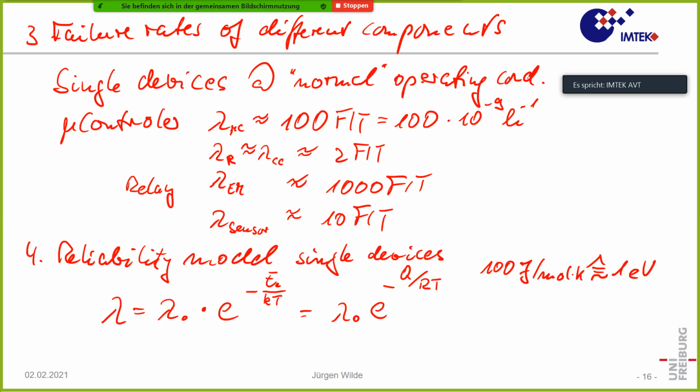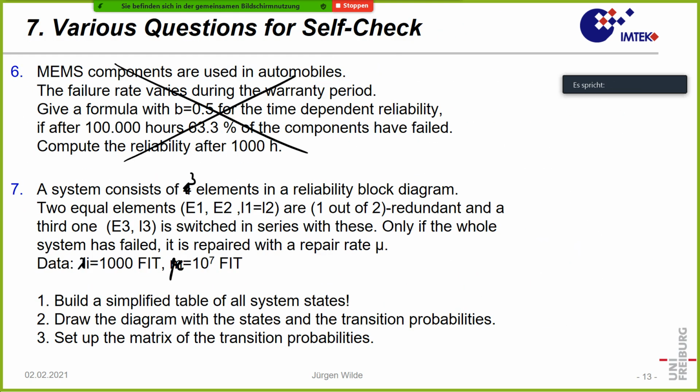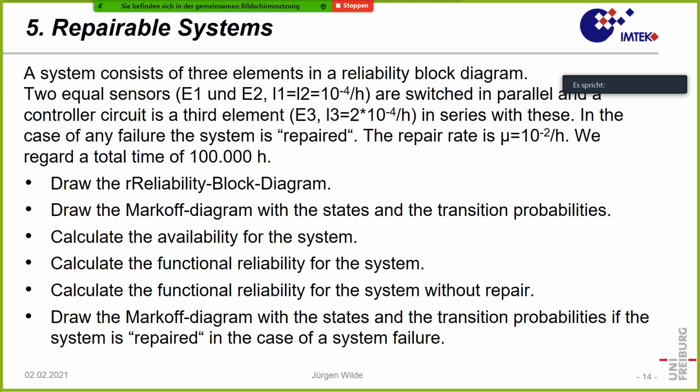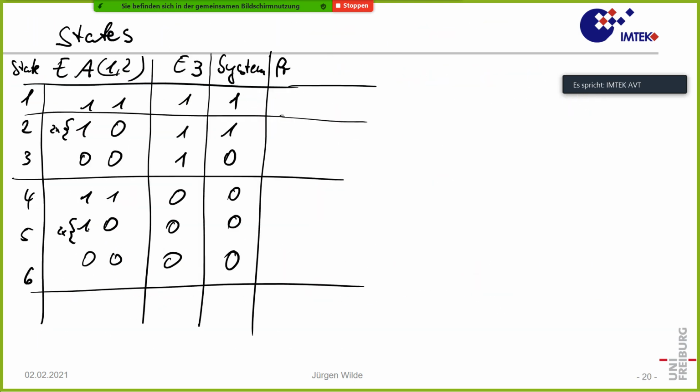What did we say for the last one? So all failure rates are the same. That makes it a little easier. What is the probability that all are working?